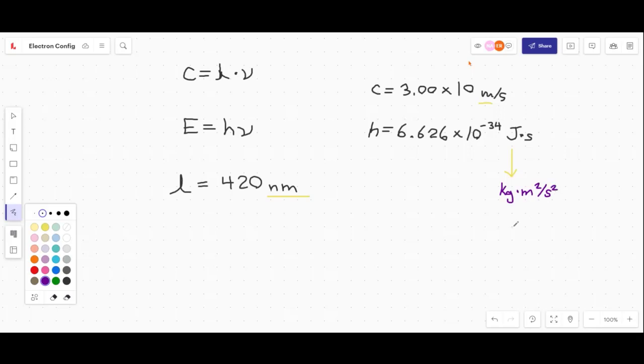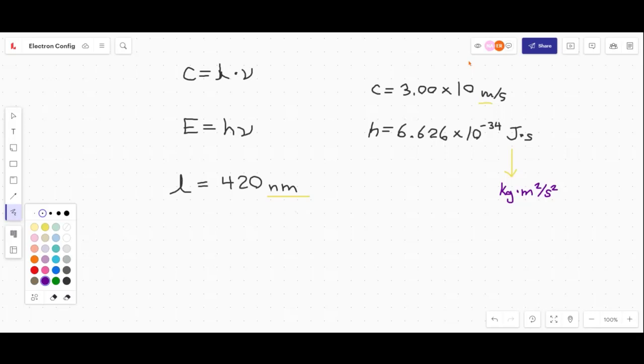So kilogram meter squared per second squared. Note in each of these cases, it's meters. So if you ever get a wavelength, you're going to have to convert the wavelength to meters if it's not already in meters. Otherwise, it's not going to match the units and you will not get the right answer.